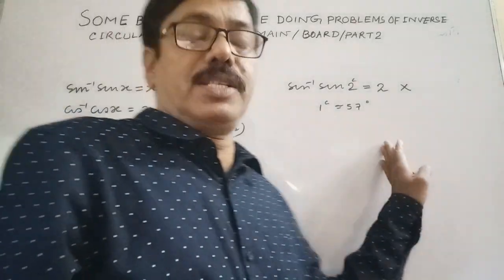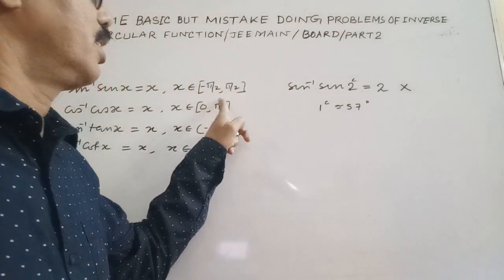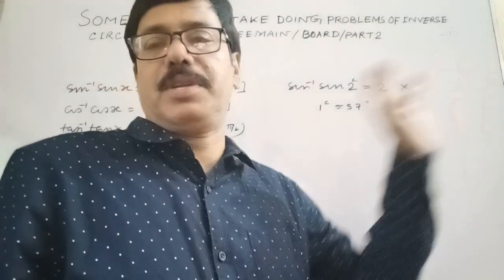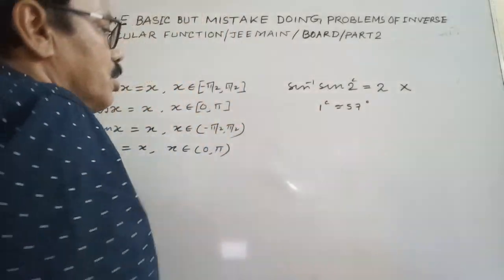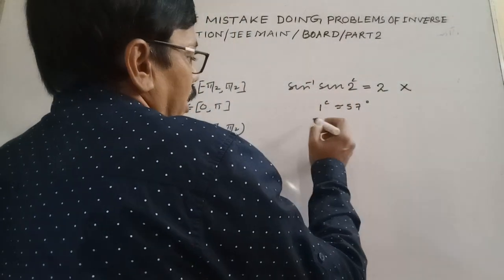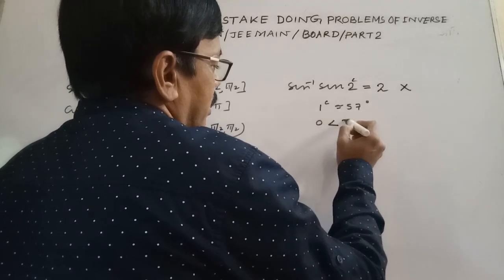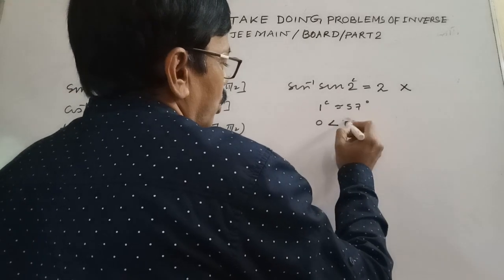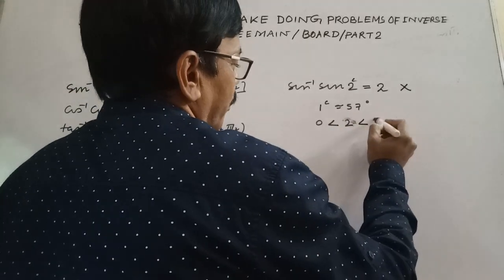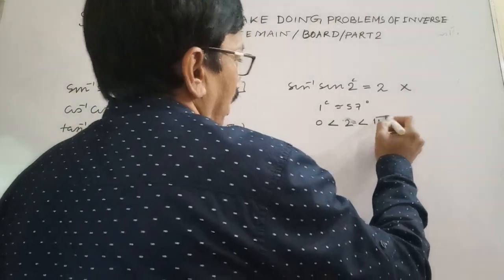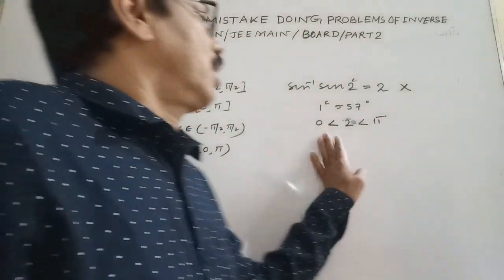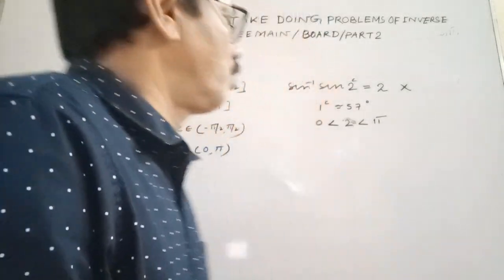So 2 radians is greater than 90 degrees. So 2 is not in the principal value. So look, 0 less than 2 less than pi. 2 radians lies between 0 and pi.